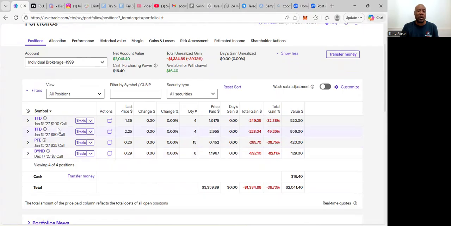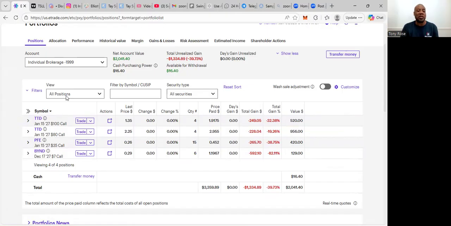So I don't have to worry about them trying to hit my 100 strike price or 80 strike price any time in 2026. I expect they're going to hit like in May or June, and then all of this total gain, -32, -19, -38, will be up like 60%, 100%, 300%. Because I know my targets, I don't stress out about being in the red at all. Plus, I have plenty of time.